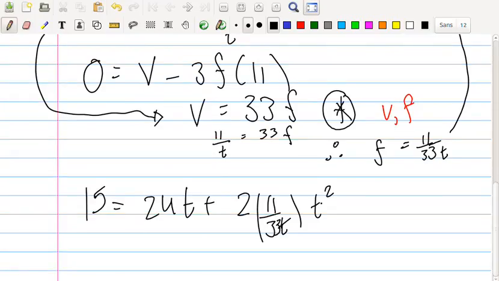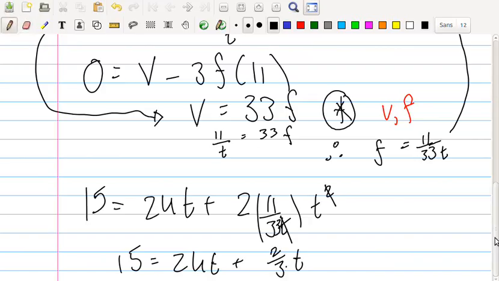That's good, because then the t cancels, so you get 2ut plus 22 over 33. Oh, I'm sorry, 11 over 33, which is a third. I didn't cancel that earlier, so I should cancel it now. So it's 2/3 t.